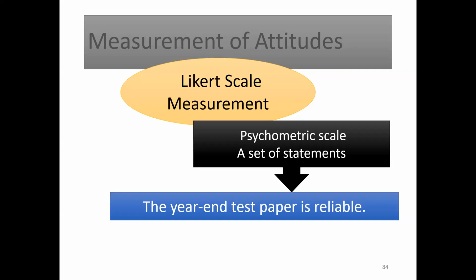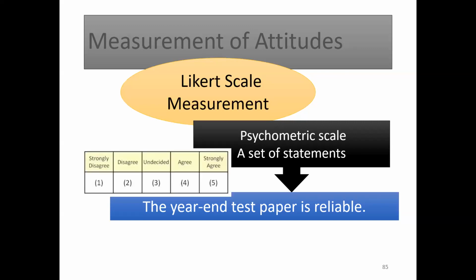After the sentence, a scale. What is the Likert scale? Strongly disagree, disagree, undecided, agree, strongly agree. Again, a scale, just like the semantic scale. According to the type of question, you may have semantic scale or Likert scale. This is the Likert scale question.